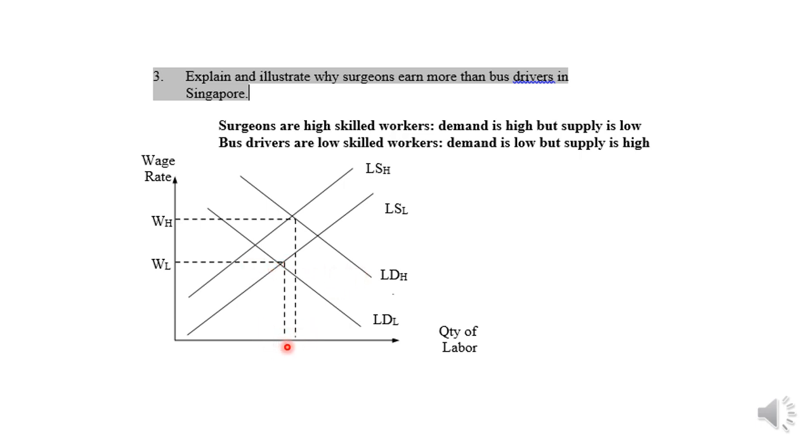What we want to show from this diagram is the wage differential: why some people earn a high wage, why some people earn low wages. And the criteria is your skill level. High skilled workers earn higher pay, low skilled workers earn lower pay, because of the assumption that demand for high skilled workers is high but supply of them is low, and vice versa for the low skilled workers.